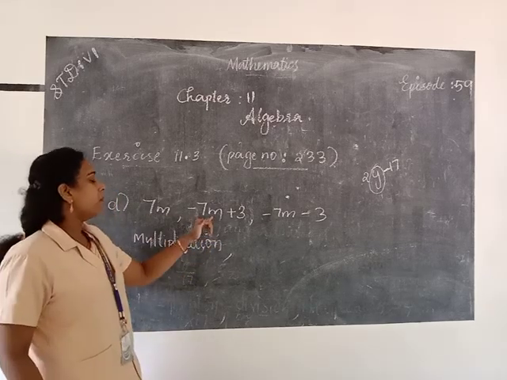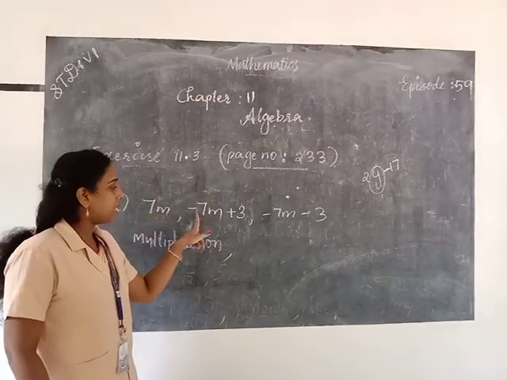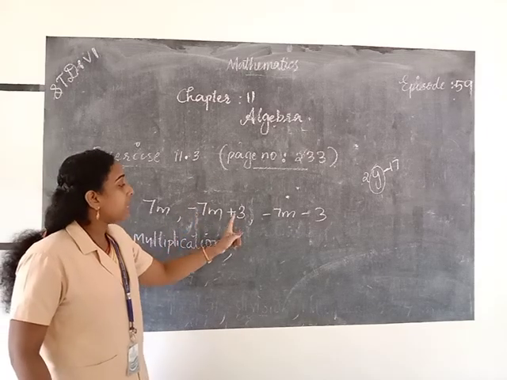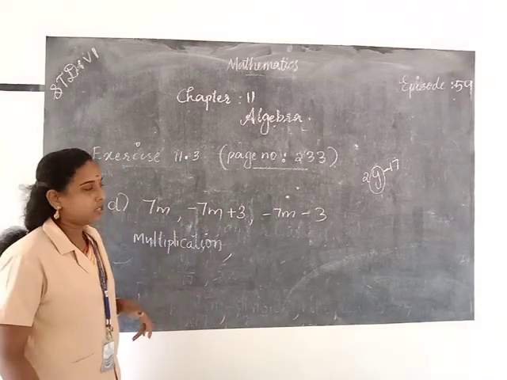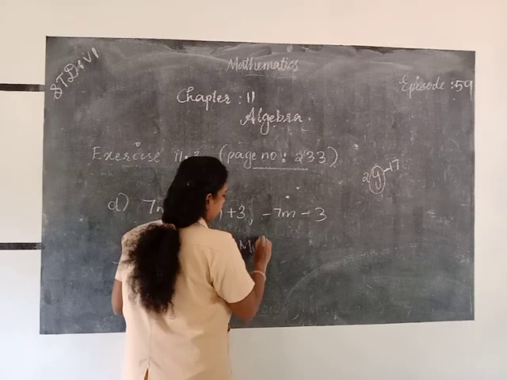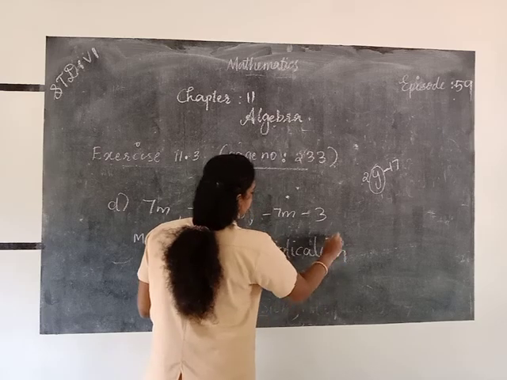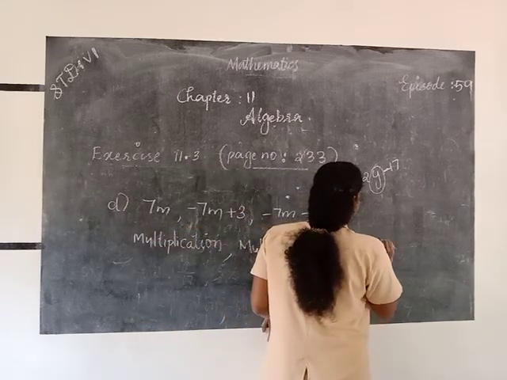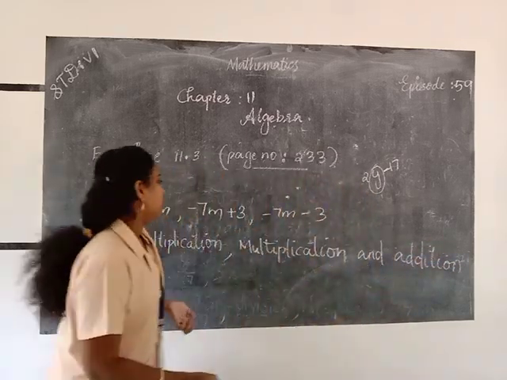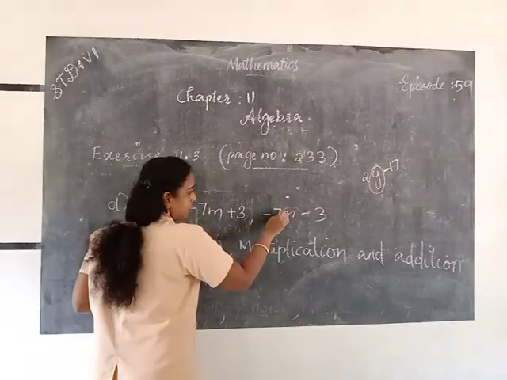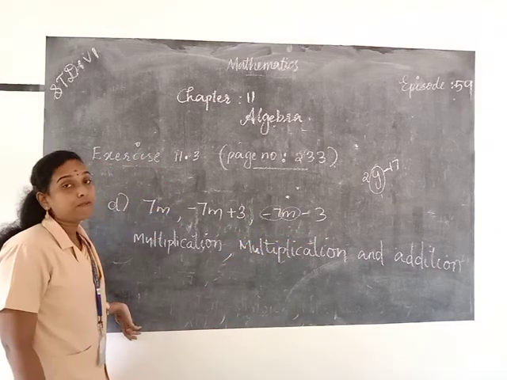And then here m is multiplied by minus 7 and 3 is added to the result. So here the operations are multiplication and addition. Then the third expression, m is multiplied by minus 7, then 3 is subtracted from the result.